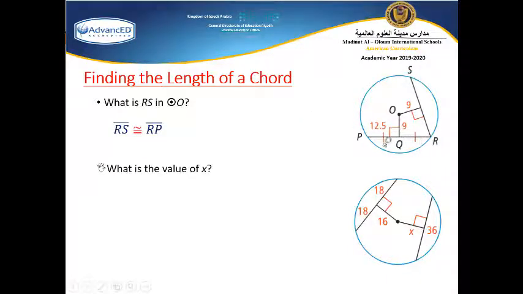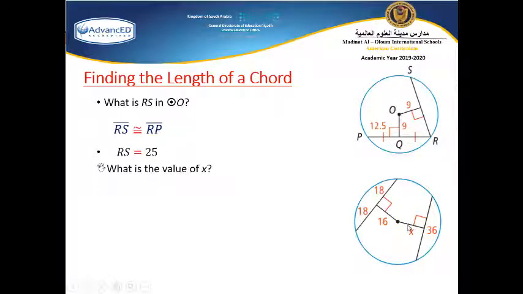Since this distance from the midpoint is 12.5 and the other distance QR is 12.5, the length of PR is 12.5 plus 12.5 equals 25, then RS also equals 25.